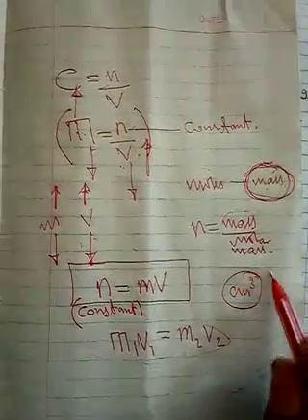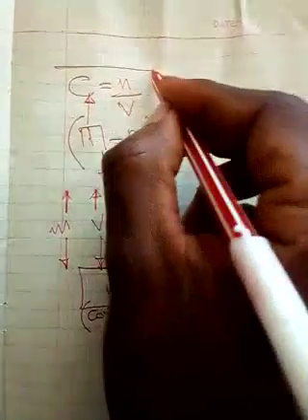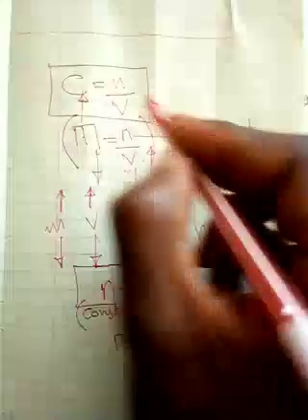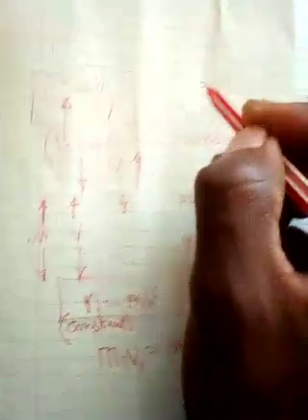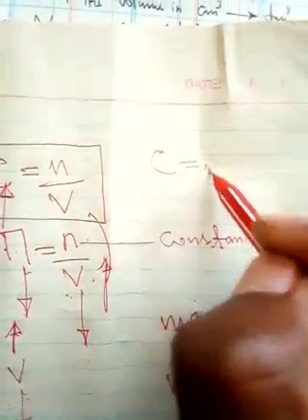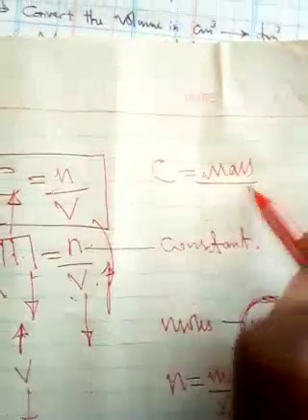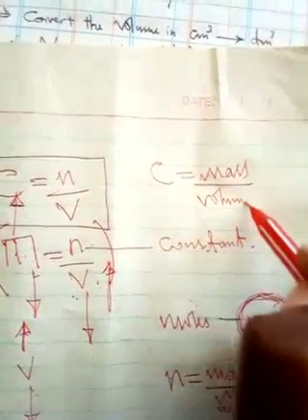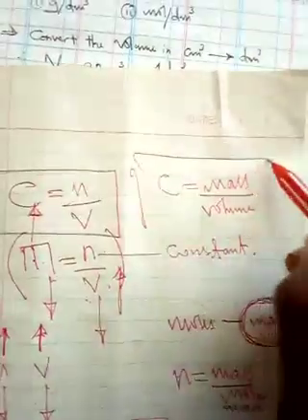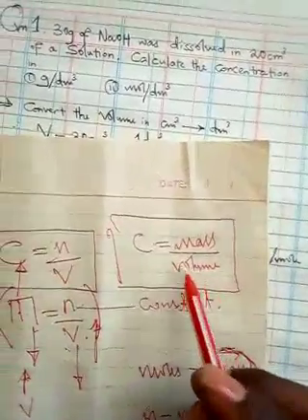You will only have to make your conversions if you are using the formula concentration is equal to number of moles over volume, or concentration is equal to mass over volume. It is only in these two formulas that you should strictly convert your volume values to decimeters cubed.